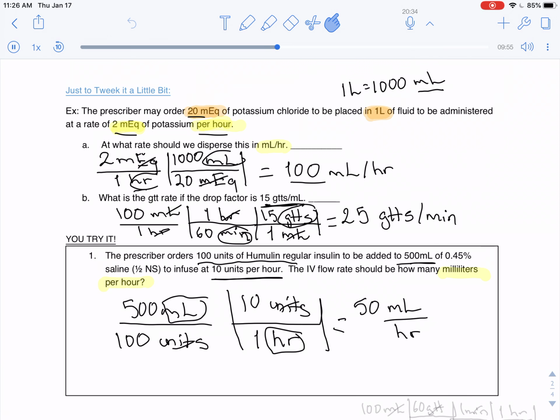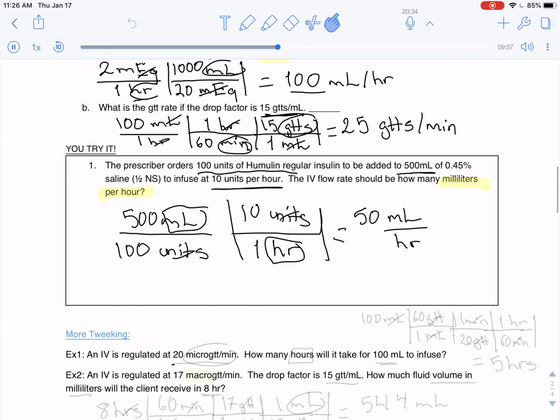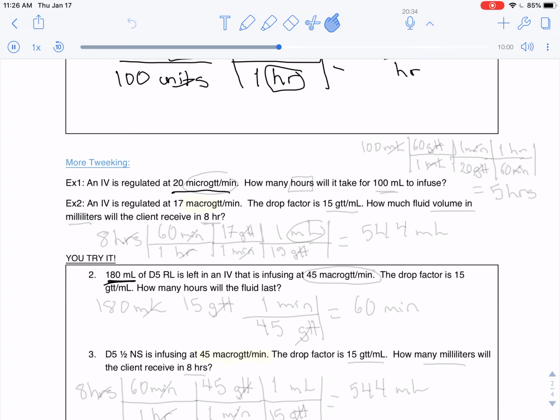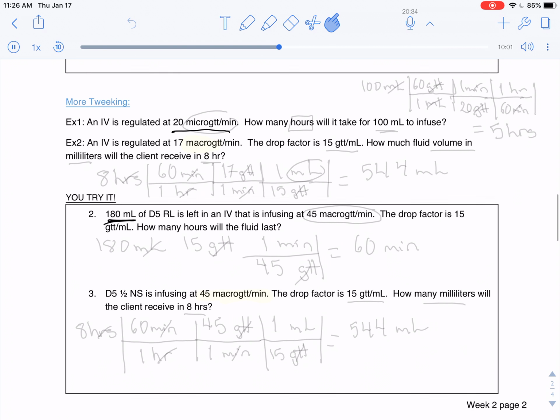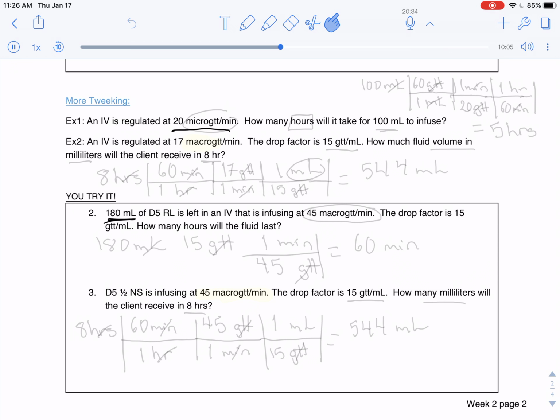In this next problem, an IV is regulated at 20 microdrops per minute. How many hours will it take for 100 milliliters to infuse? So basically the problem is asking us to find our answer in hours for a total of 100 milliliters to infuse. So we take the 100 milliliters that we have, and we're going to use the conversion factor of microdrops, since that's what the problem states.